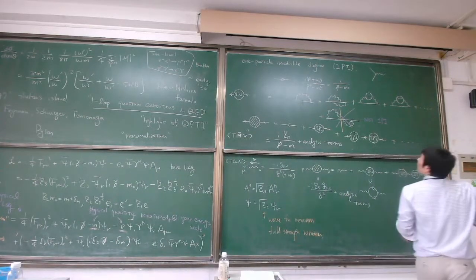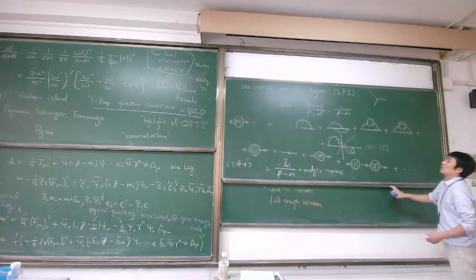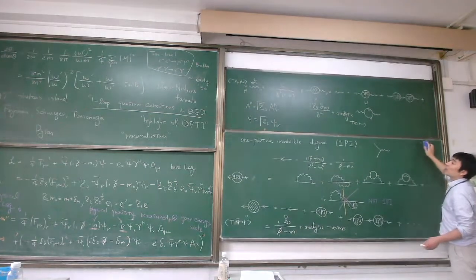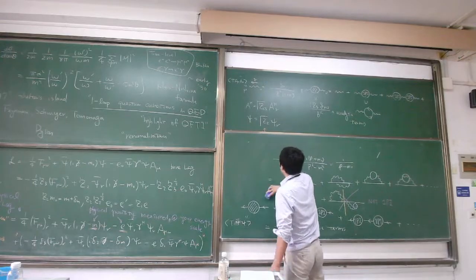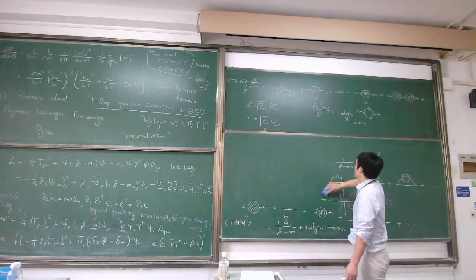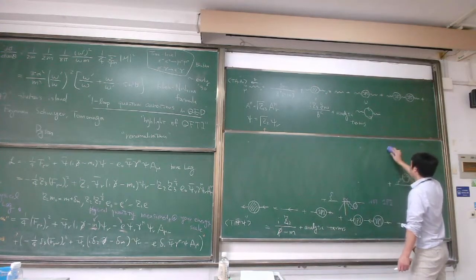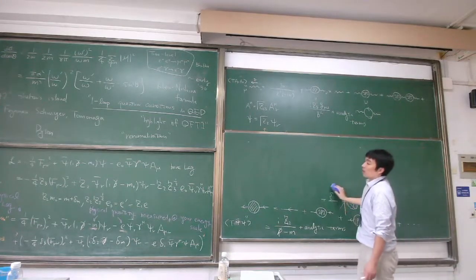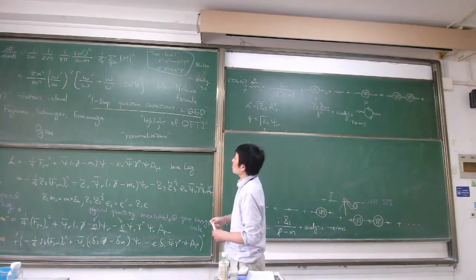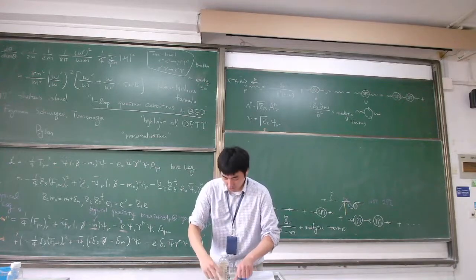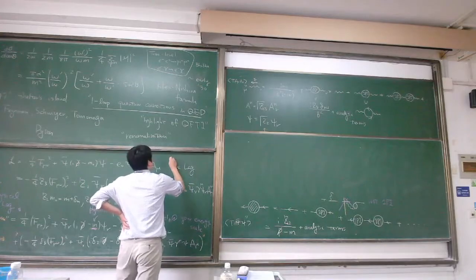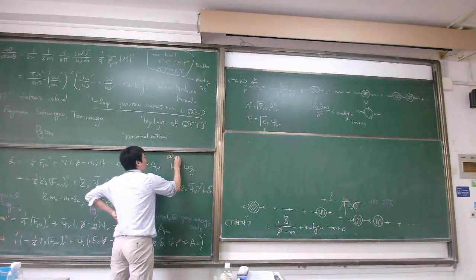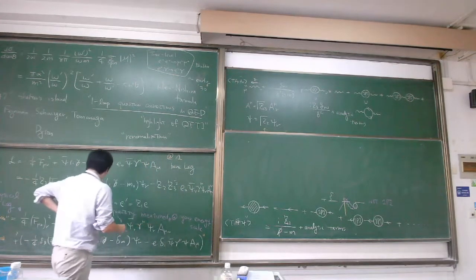The first one is, of course, as you already know if you read the lecture note, the anomalous magnetic moment. In Peskin-Schroeder, lambda will appear.